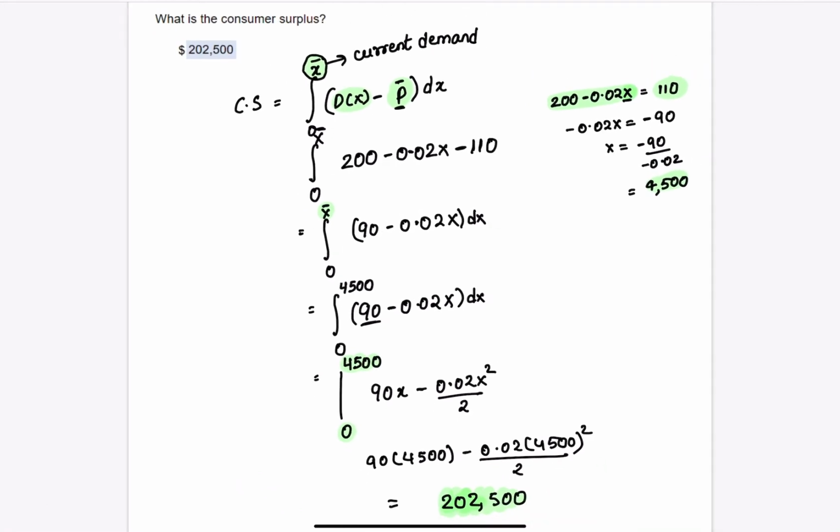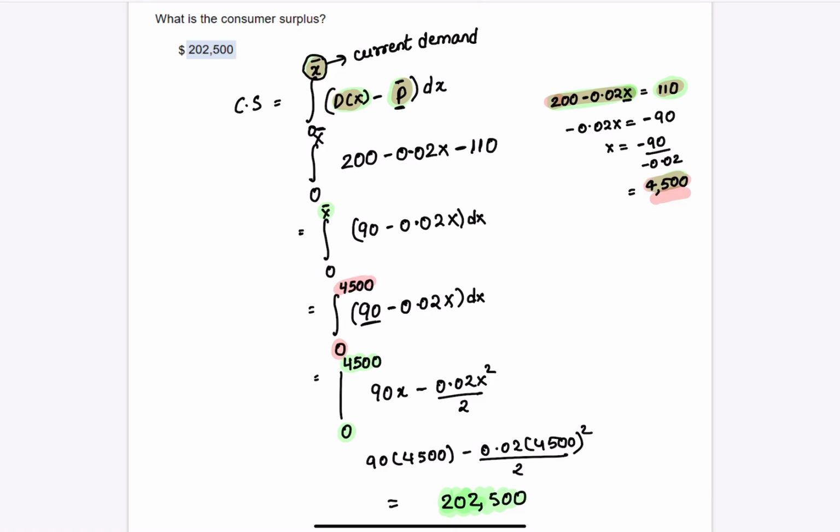But it's very important you understand what D of X is, the demand equation. P, current price, X bar, current demand. How do I find X bar? Equating both of these, and once I know the current demand is 4,500, that means the demand went from 0 to 4,500.